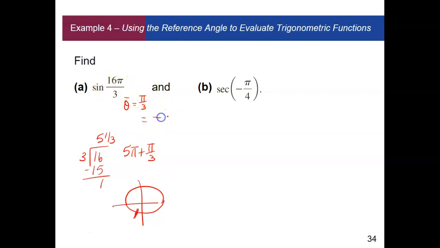So this is equal to negative sine of pi over 3. And we know that the sine of pi over 3 is square root of 3 over 2. So I should have negative square root of 3 over 2 for my answer.